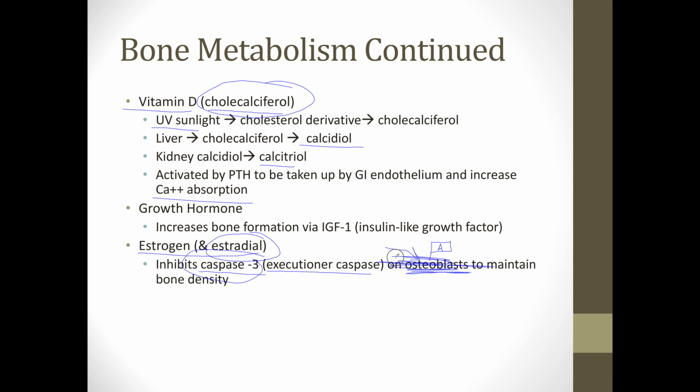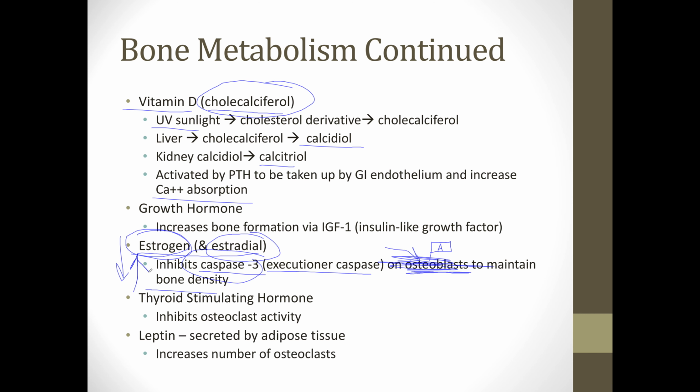So now they're gone. We don't want that to happen. As long as estrogen is around, it inhibits the executioner enzyme from just killing osteoblasts. So estrogen is really indicated in bone strength and bone density. So you'll see in menopause, when there's a big dip in estrogen, there's a big increase in fracture rates and an increase in osteoporosis. Thyroid stimulating hormone inhibits osteoclast activity, so it stops the breakdown of bone.